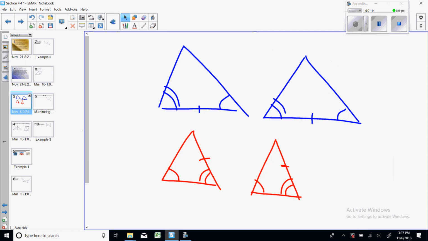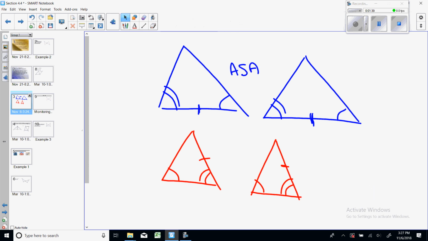Okay, your big key that you're going to struggle with, and you've got to make sure to pay attention to when you're looking at ASA versus AAS congruence, is where the side is that's congruent. If you take a look at the top two triangles here that are highlighted in blue, you've got these two sides here that are in between the two angles. Since this side is between the two angles, this is ASA congruence.